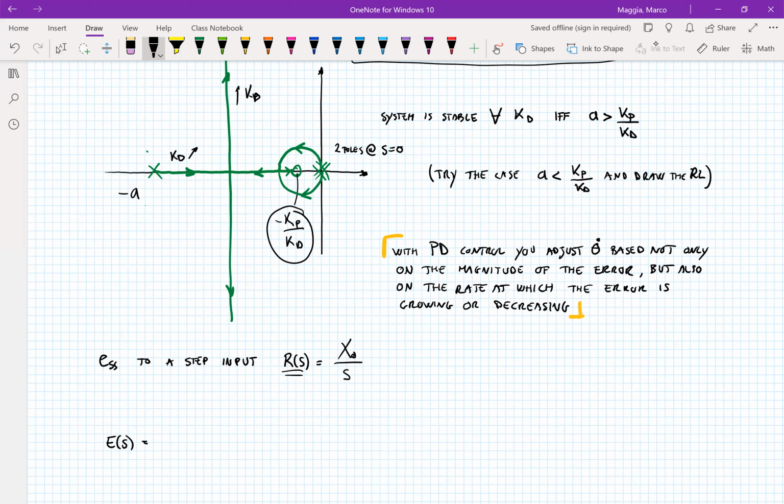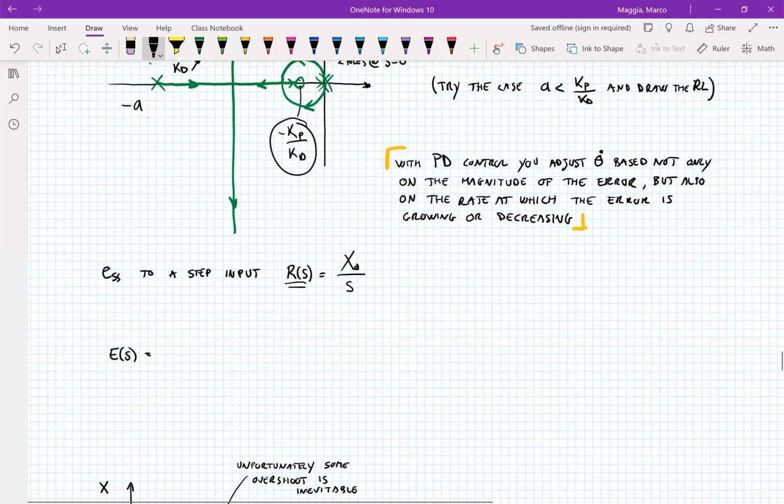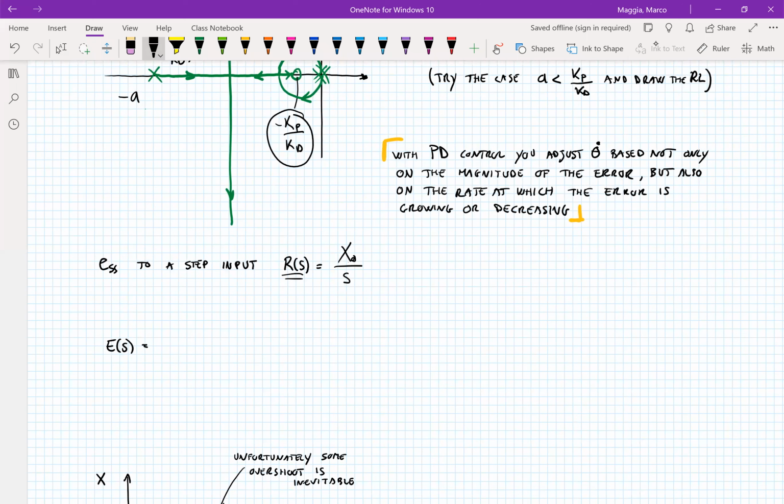And since we are in the S domain, the step input has to be divided by S. So the error function is the input R of S times 1 over 1 plus Gc times G. In this case, we have (Kp plus Kd S) over S squared times (S plus A).